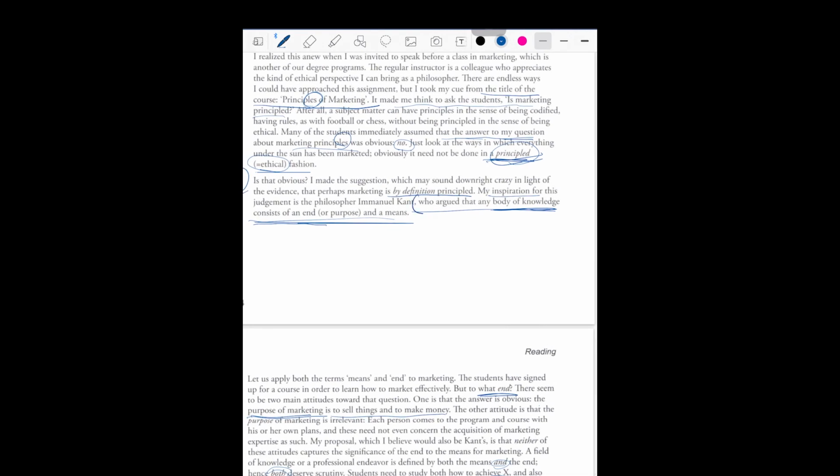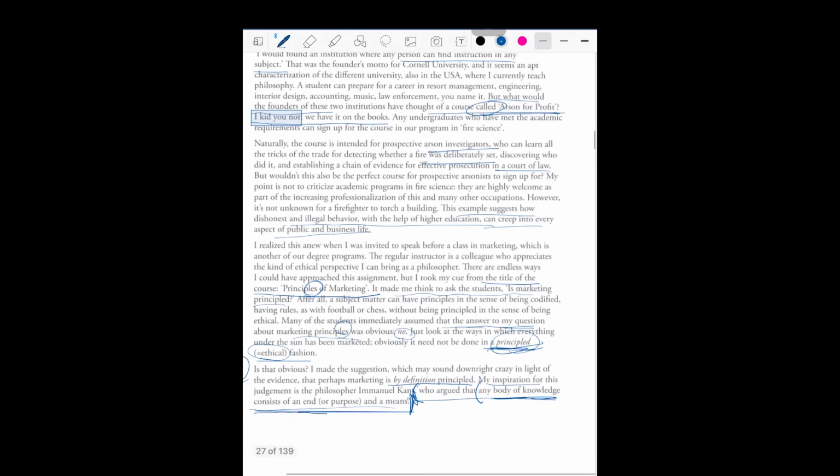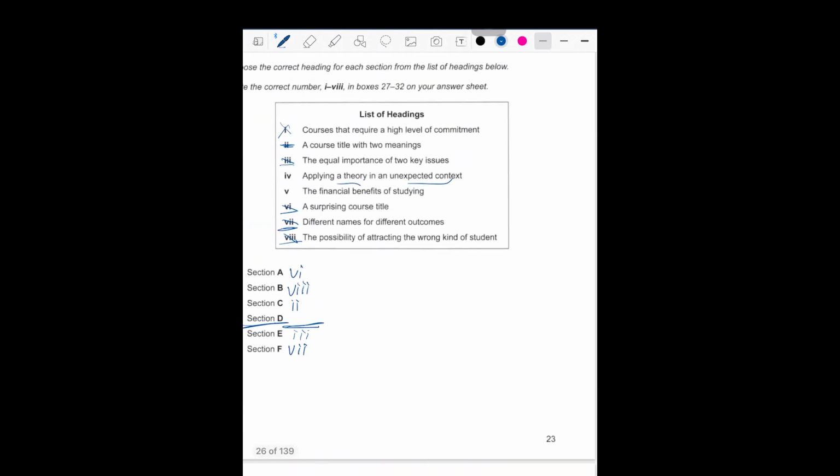Here's a quote, who argue that any body of knowledge consists of an end and a means. And this is a quote from a philosopher. This is the theory of that philosopher, I believe. And later on in the passage, we keep on talking about how to apply that quote to different contexts. So maybe I'm leaning towards this one. Okay, but let's look at the other choice.